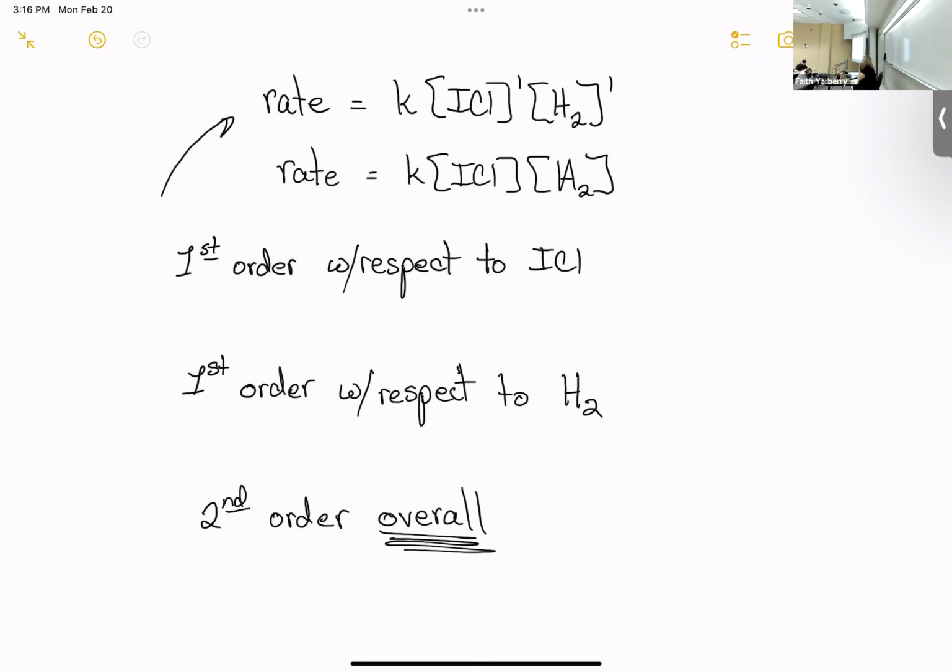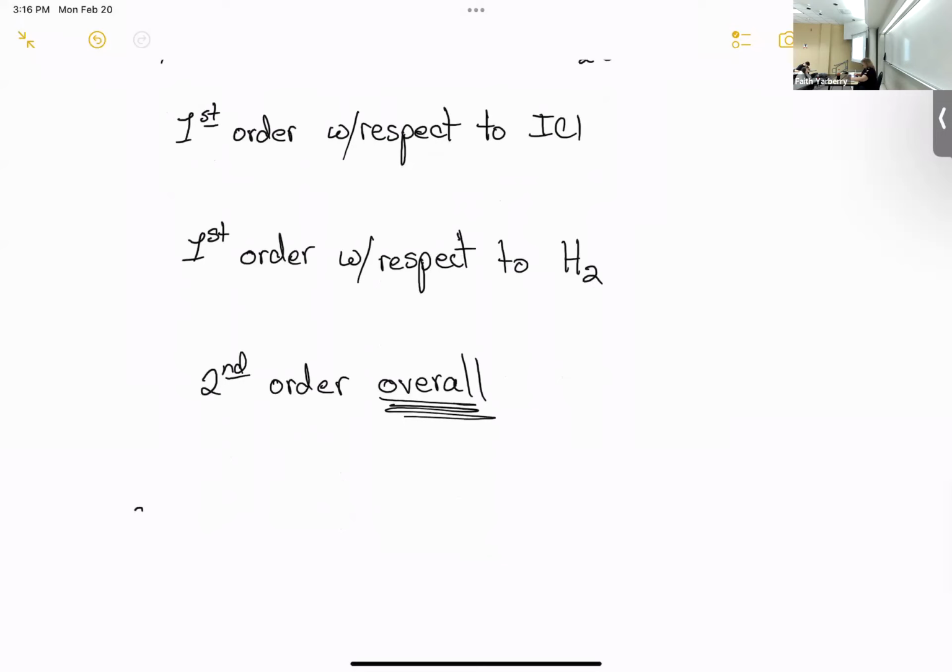Now, you've read it on multiple occasions, but what does that mean for the speed of the reaction, which is the rate? Well, let's think about what doubling the ICL concentration did or does. Let's look at it from a rate law perspective.